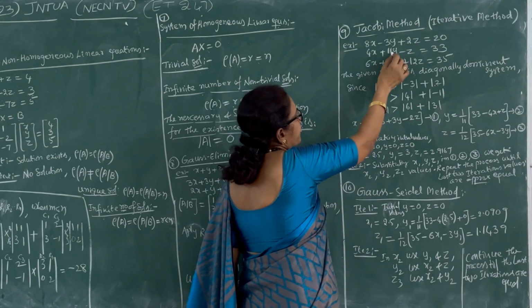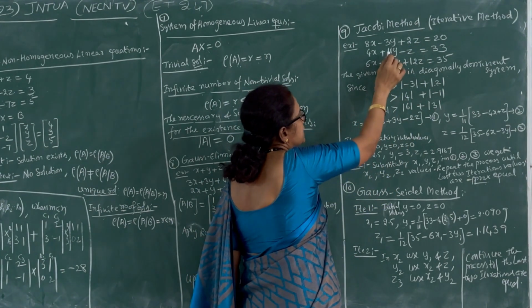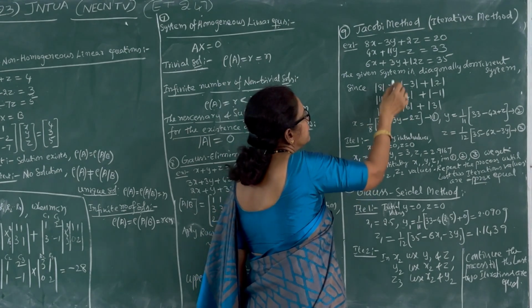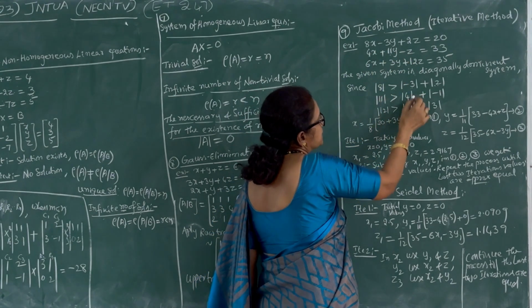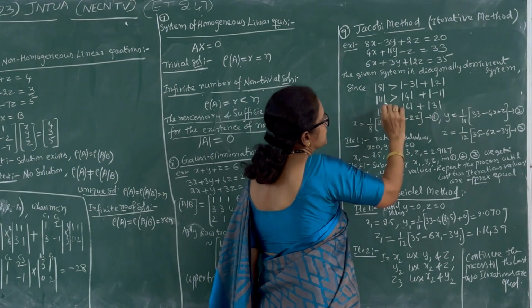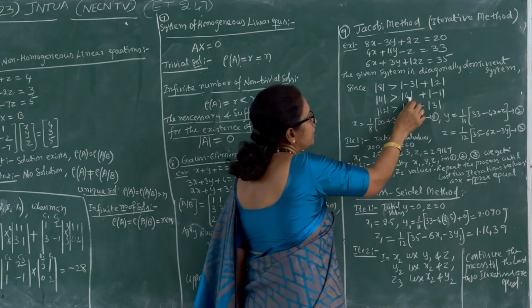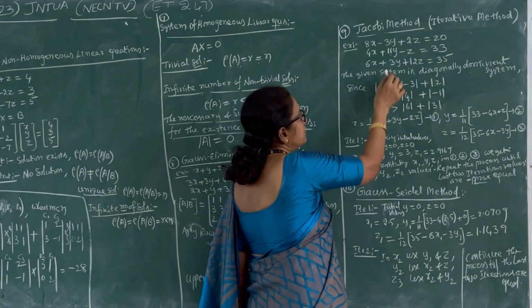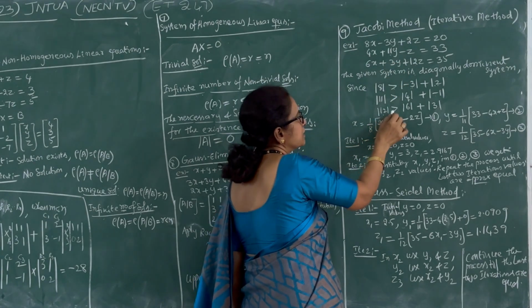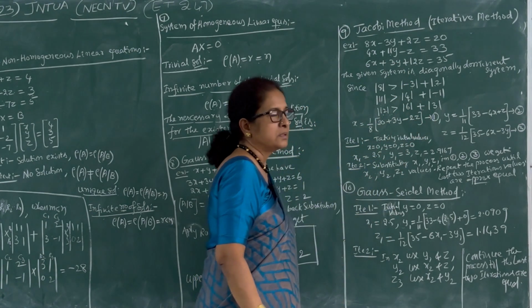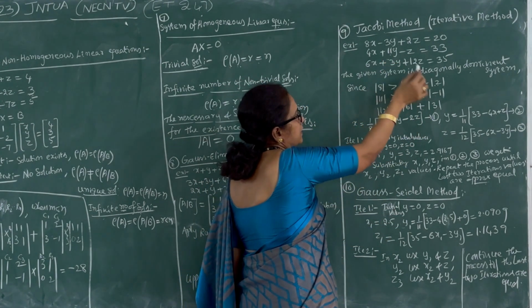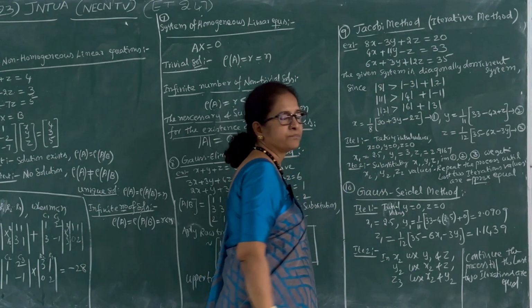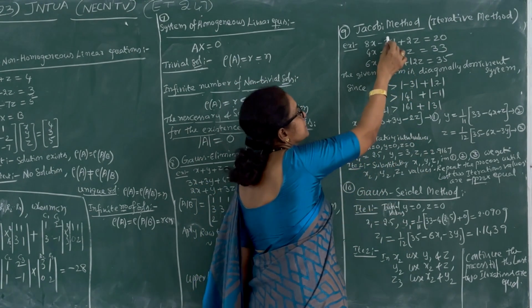Next, the modulus of this diagonal element is greater than the sum of the remaining two elements, modulus of 4 plus modulus of minus 1. Here also for the third equation, this is satisfied. So the given system is diagonally dominant system, so we can apply Jacobi method.